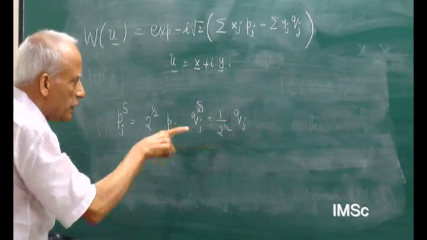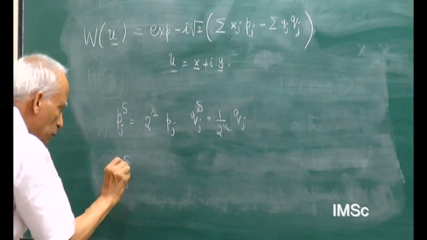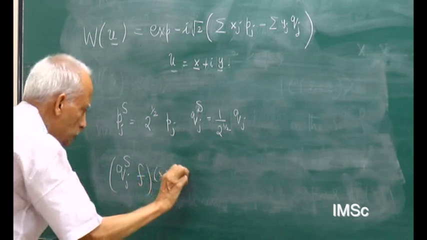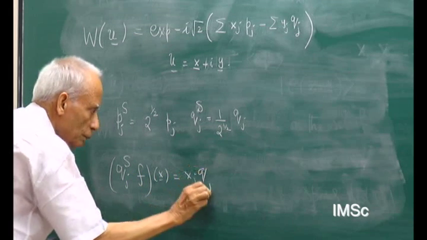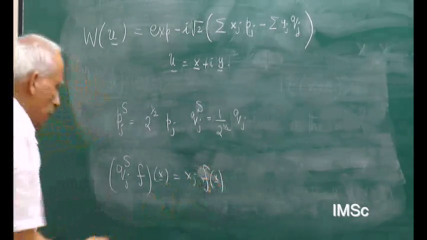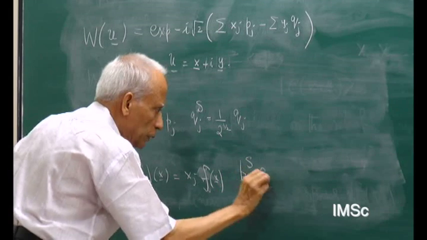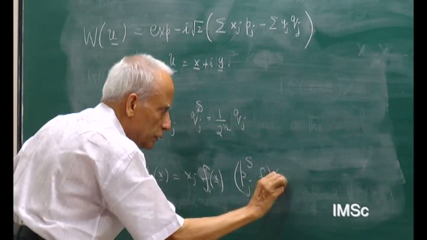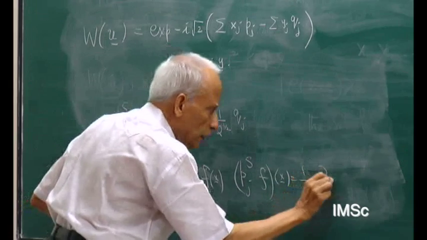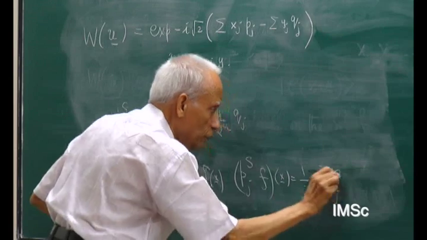If you do this, then Q_j^S applied to f at x is x_j f(x), and P_j^S applied to f at the point x is 1 over i del by del x_j of f.